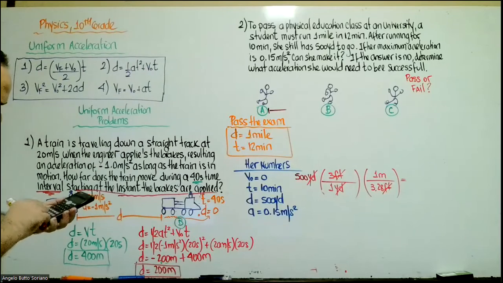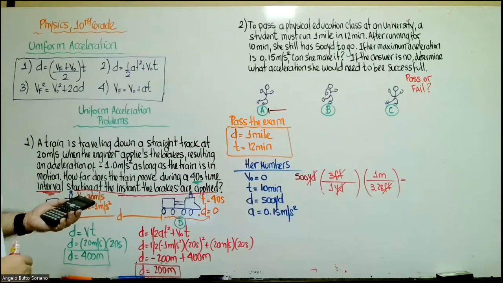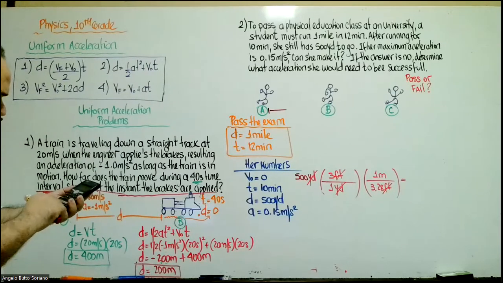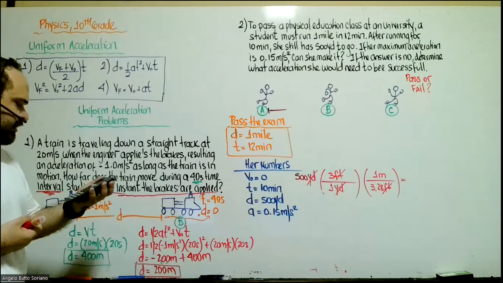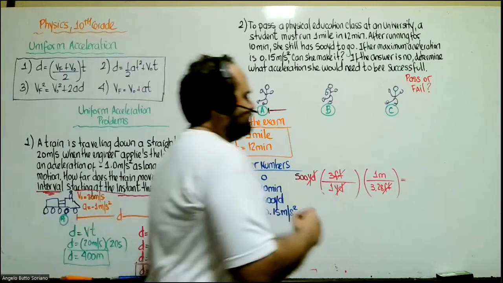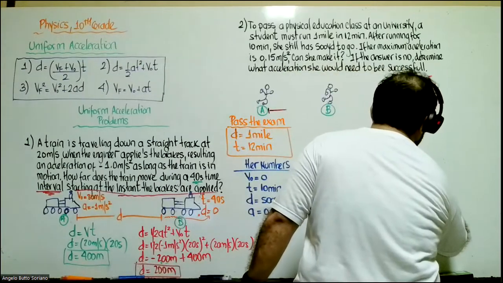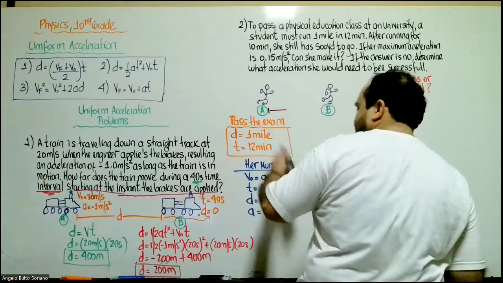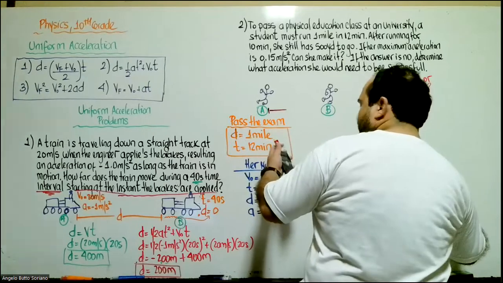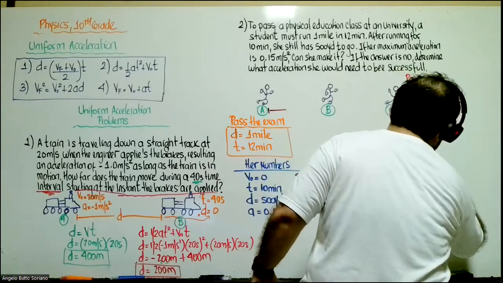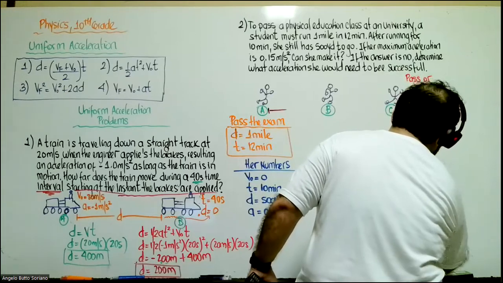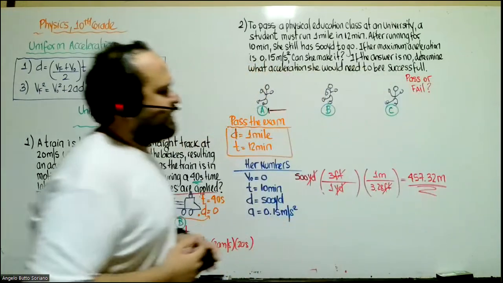So we multiply 500 times 3 and divide by 3.28. So we're talking about 457.32 meters. She's still remaining that.